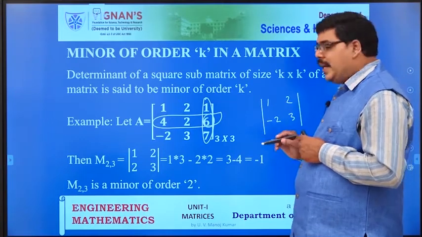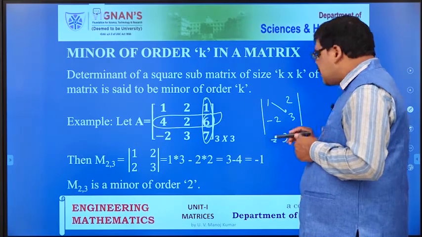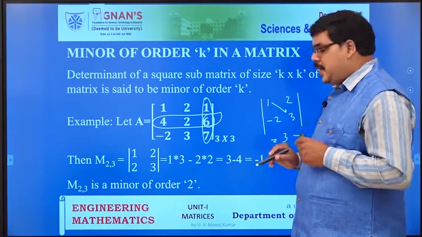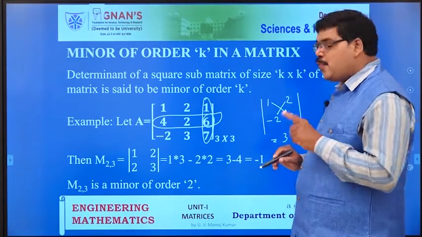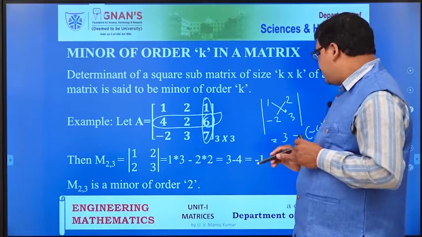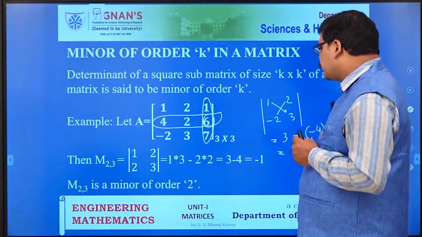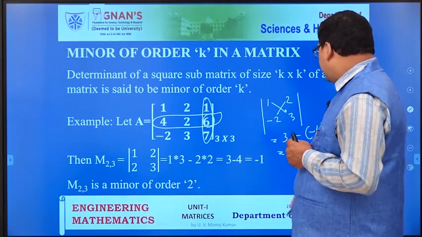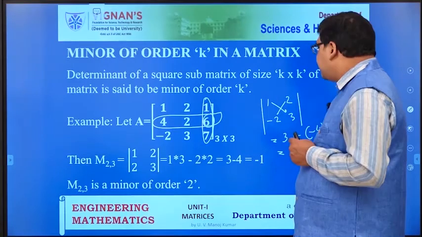ad is 1 into 3, minus bc, which is minus 2 into 2, minus 4. So what will I get? 3 minus minus 4, that is 7.